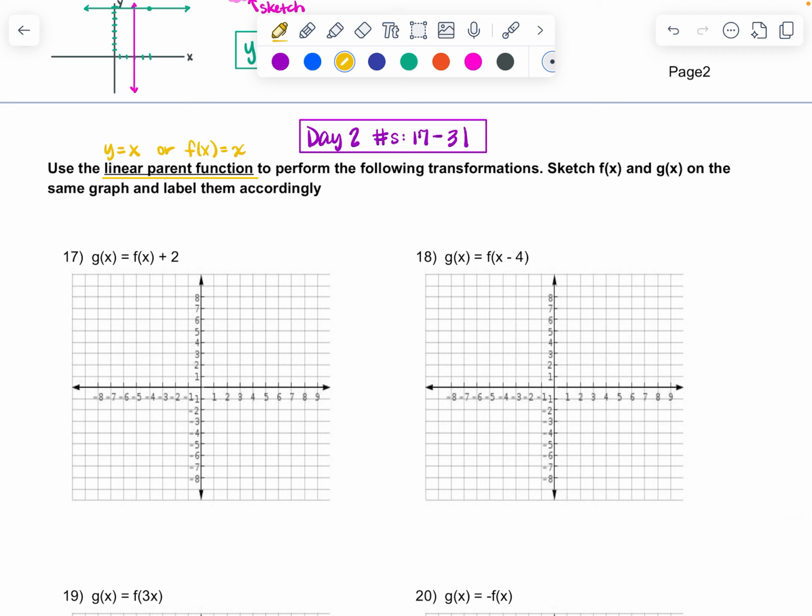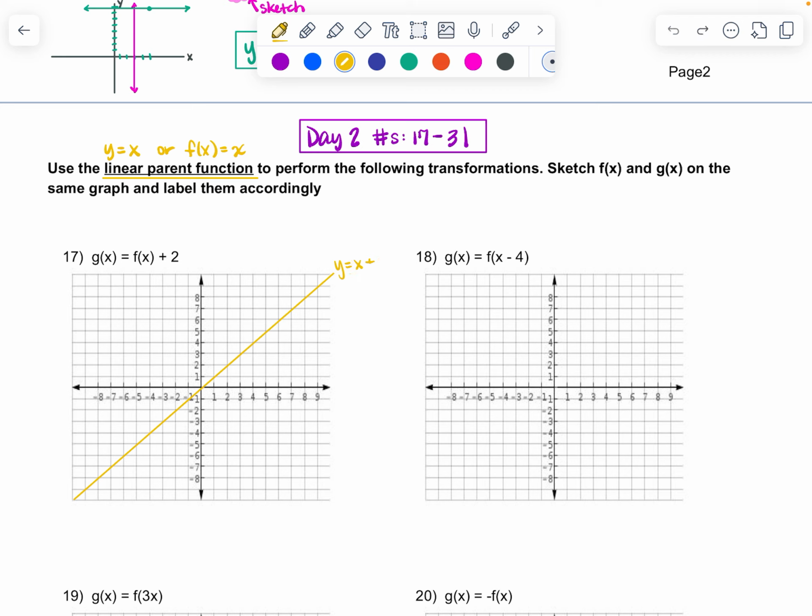So I'm going to go ahead and draw my parent linear function, which is just y equals x, right, which means it has a y-intercept of 0 because there's a little understood 0 hanging off the end, and it has a slope of 1 over 1. So I'm going through the origin, and then I'm going up 1 over 1, up 1 over 1, up 1 over 1, right?